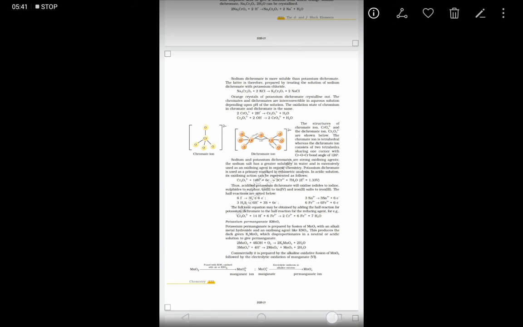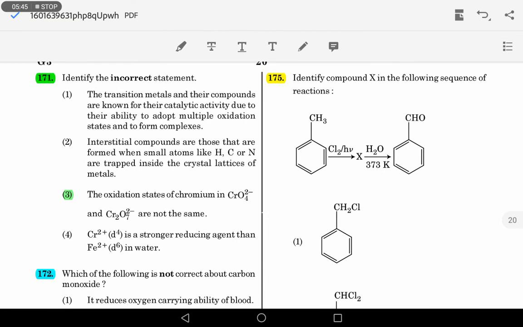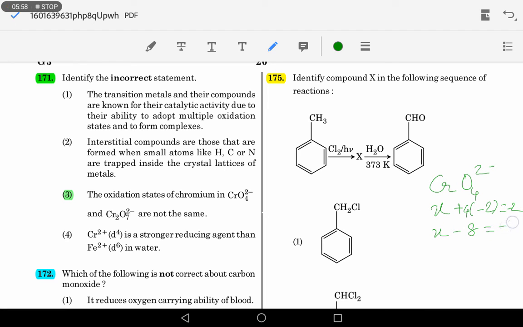So let's check it out for this. Are not the same is the given statement, but for CrO4 2-, x plus 4 into minus 2 equal to minus 2. So x minus 8 equal to minus 2, x equal to plus 6.